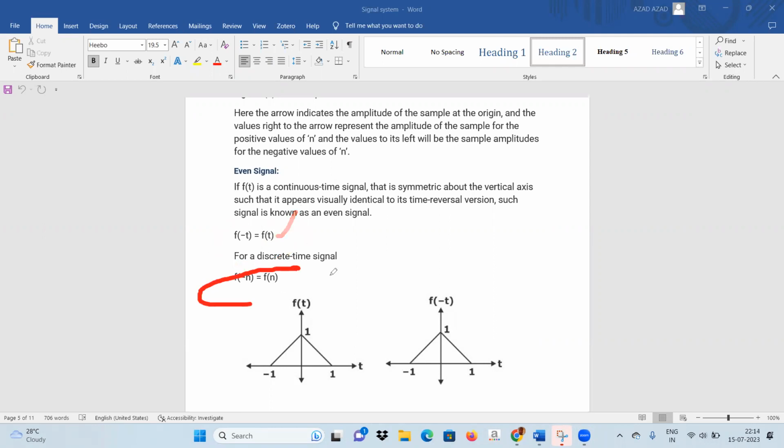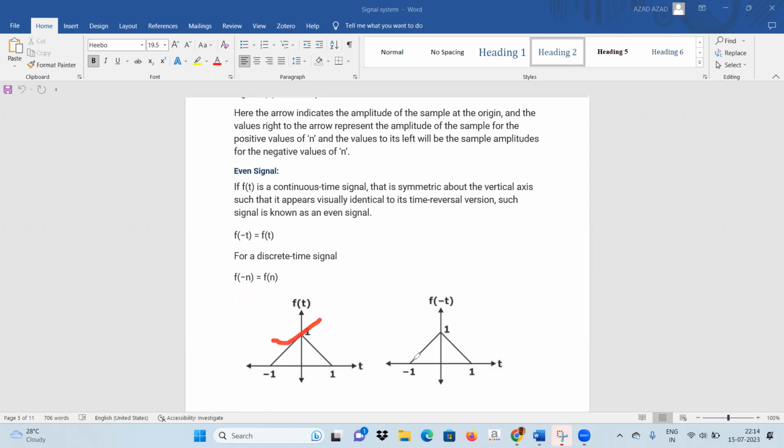Similarly in discrete domain, if f[n] is equal to f[-n], then this signal will be an even signal.